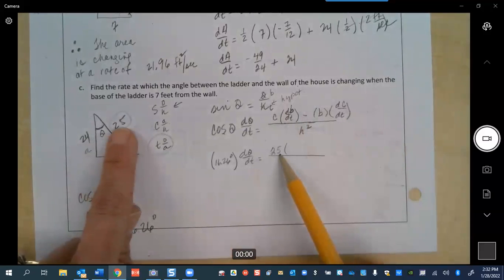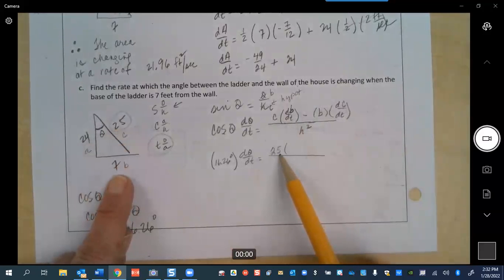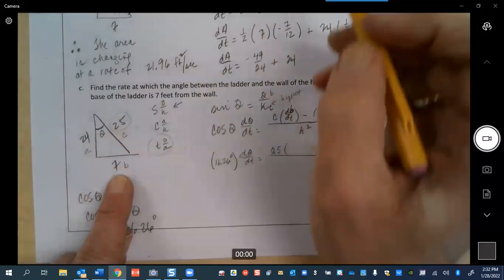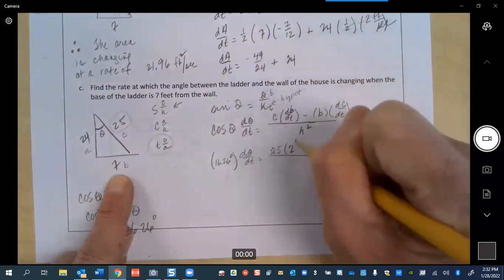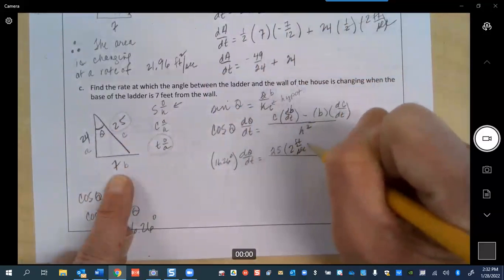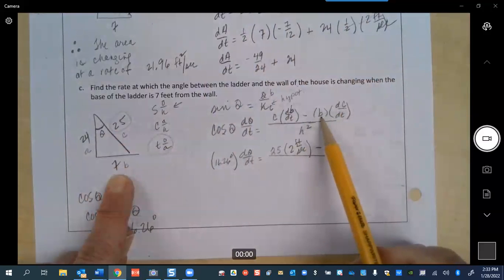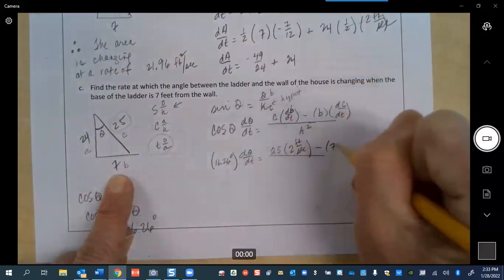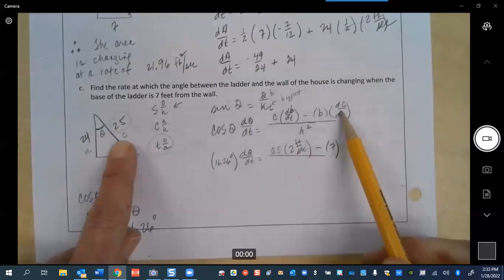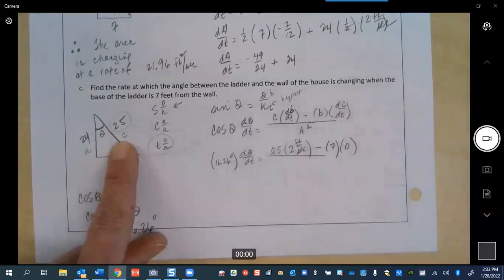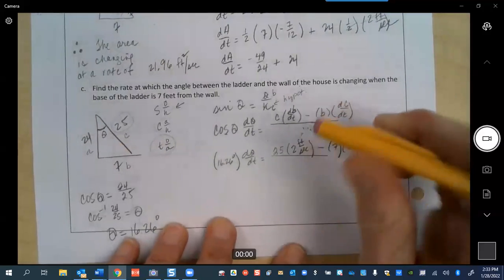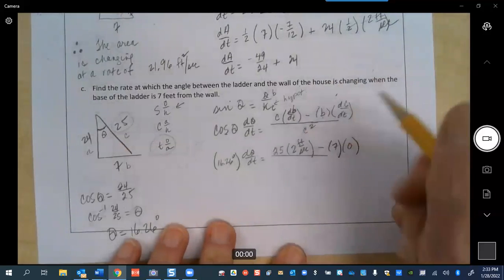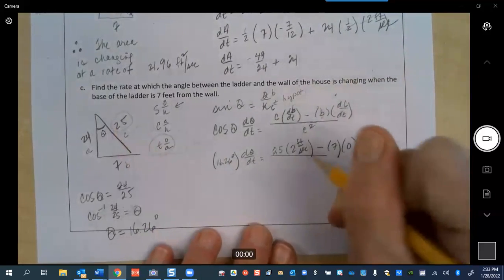So C is my 25. My rate of change of B compared to T goes all the way back to my 2 feet per second, right? Our B is our base, that's times 7. The rate that C is changing is 0 because that's a constant. And this square the bottom and away we go is this value here.